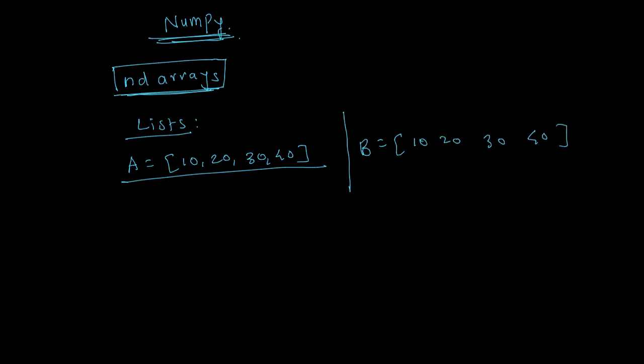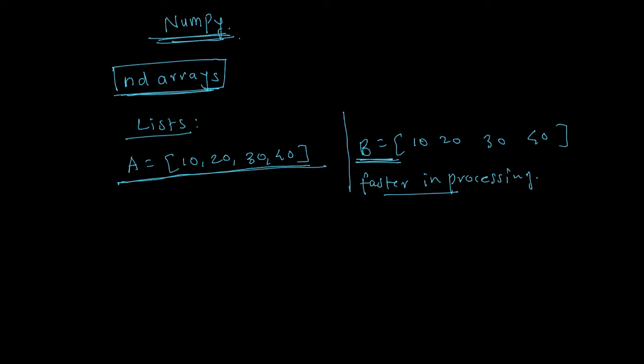Then why do I need to use NumPy arrays if I already have a list? The reason is NumPy arrays are faster in processing. This is one of the main reasons why we use NumPy arrays.